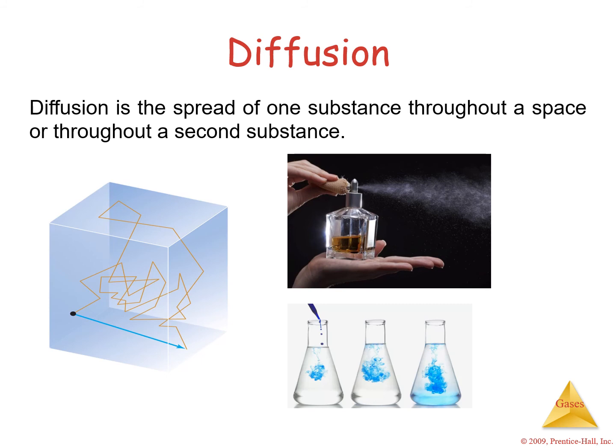At the end of the diffusion, of course, you can expect that this smoky blue distribution of molecules will eventually create a uniform blue color in the Erlenmeyer flask. That's an example of diffusion.